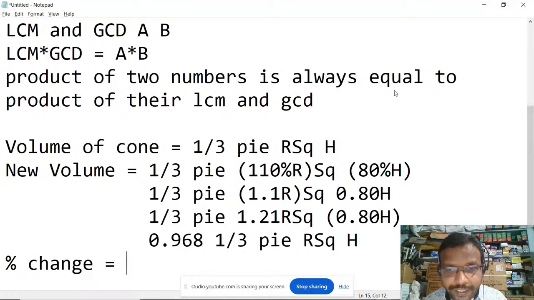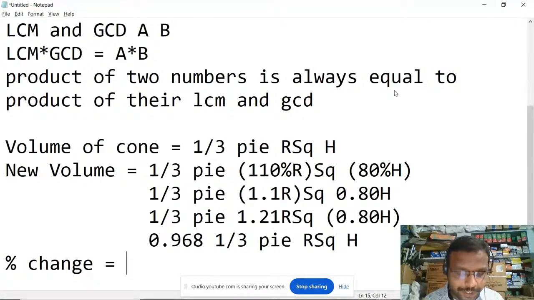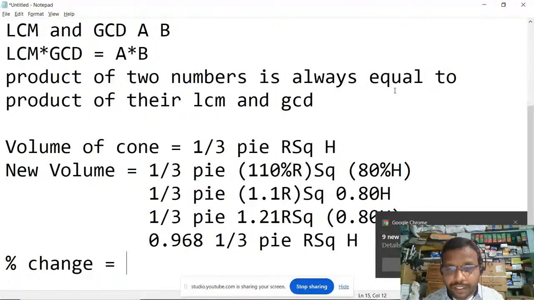Yes, the difference between both of them: 1 by 3 pi r square h minus 0.968, so 0.032.